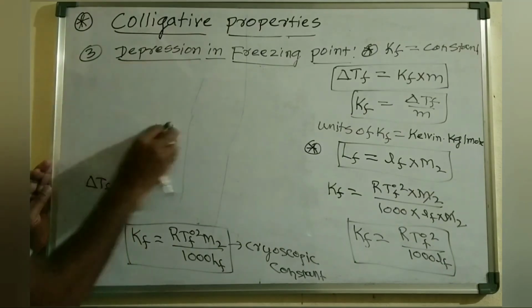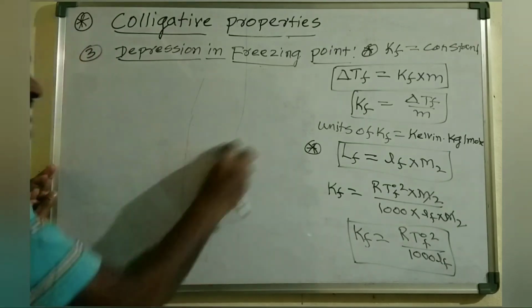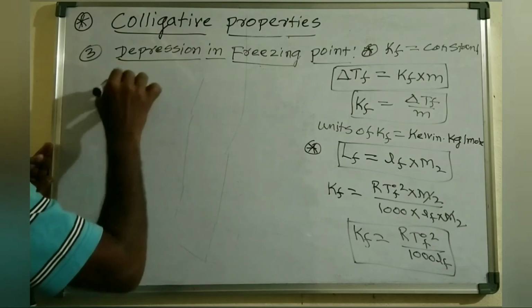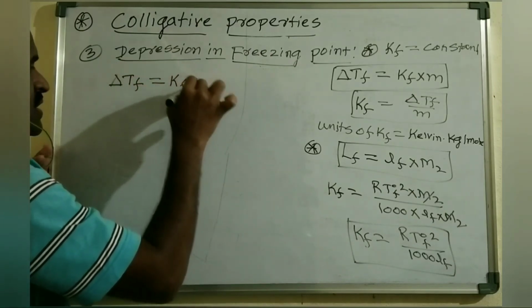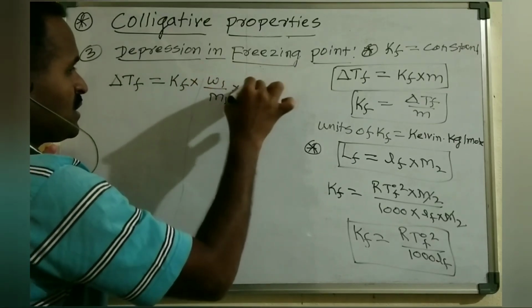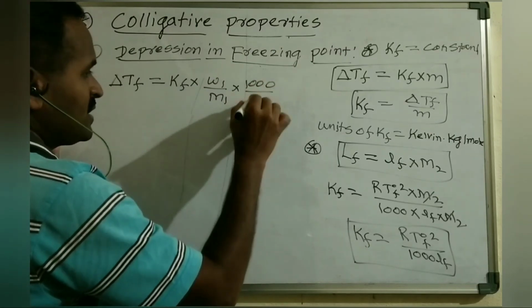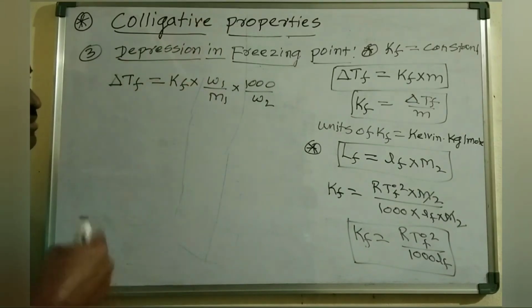The main aspect of colligative properties is to determine the molecular mass of the solute. So we write delta TF equals KF into W1 divided by M1, into 1000 divided by W2. Depression in freezing point is one of the colligative properties.